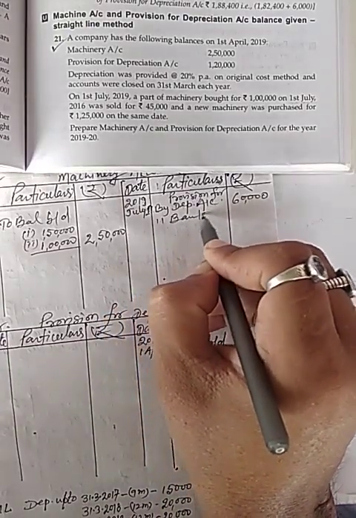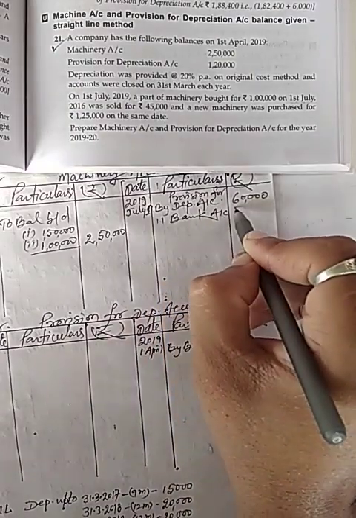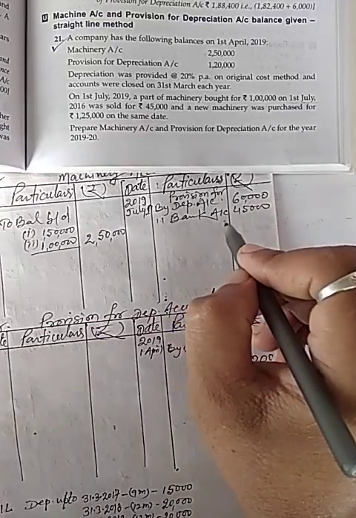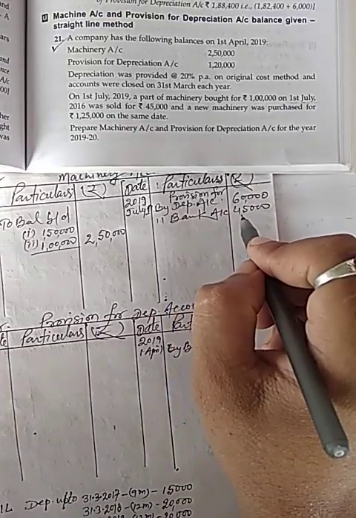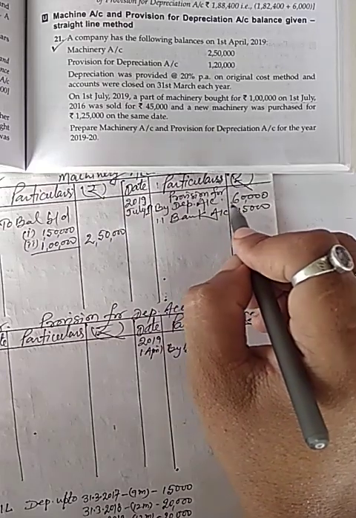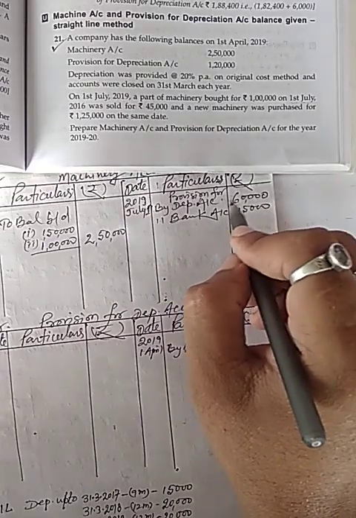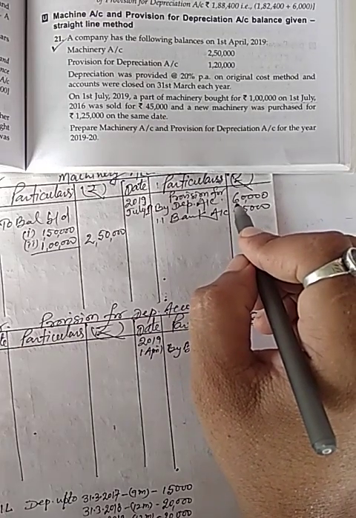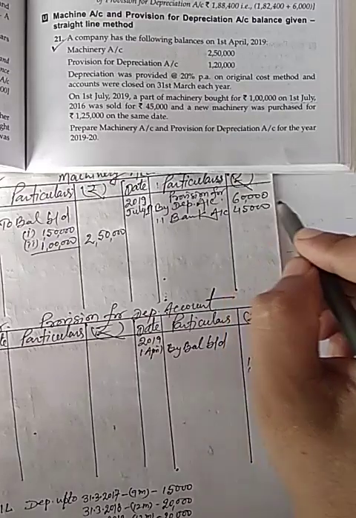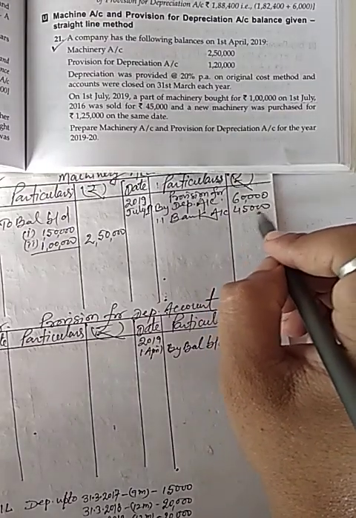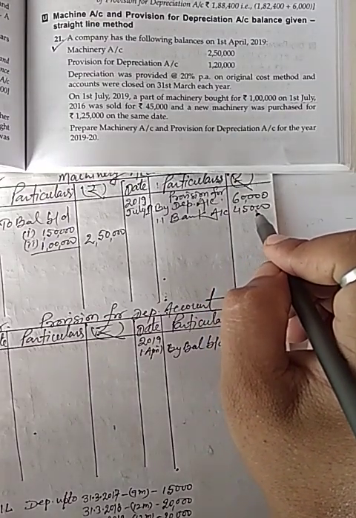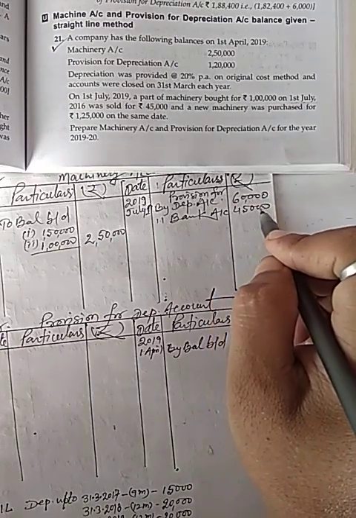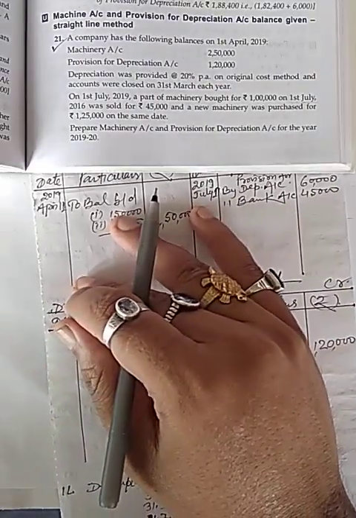Therefore we will write bank account also 45,000. In this case we can see cost is 1 lakh, depreciation charged is 60,000, then remaining cost will be 40,000 only, and when it is sold for 45,000, then we have a profit or gain on machine of 5,000.